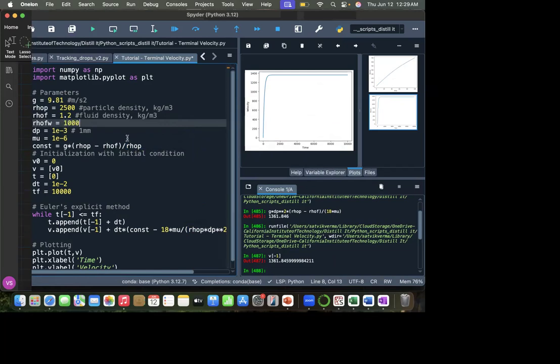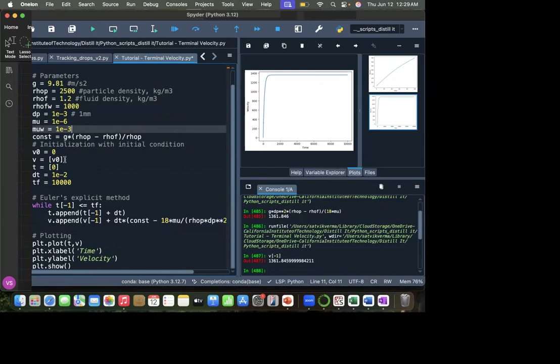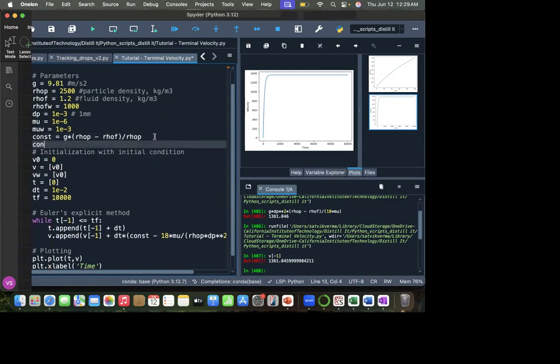The density of water is 1000, viscosity of water is 10 to the power minus 3. Maybe let's make another array VW, and we'll do the same thing. We'll evaluate the constant for water, which is just this.